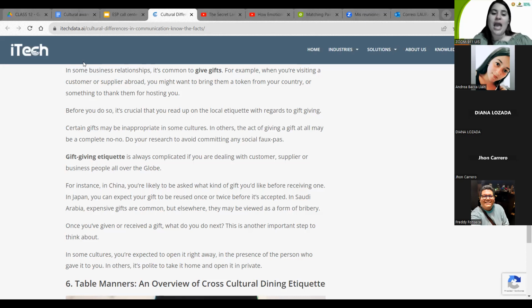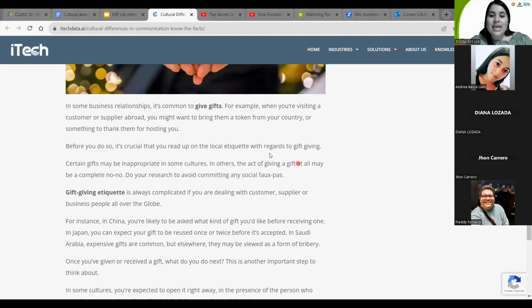All righty, very good. So it's super curious, this part. And then here it says, this is a French expression, faux pas. I don't know if that's the correct pronunciation because it's French, but it's when we say in Spanish, like meter la pata, you know? So do your research to avoid committing any social faux pas.